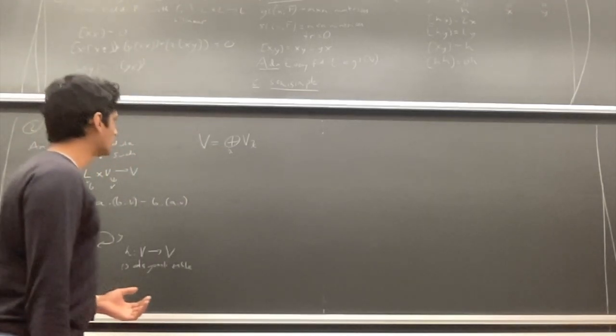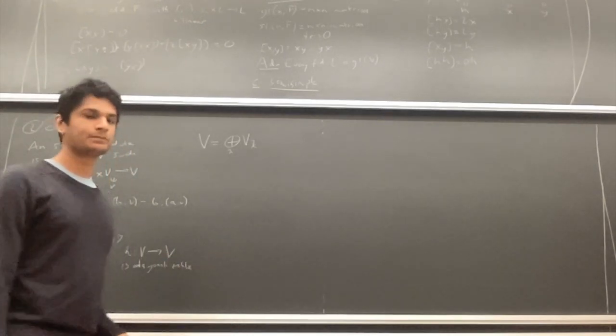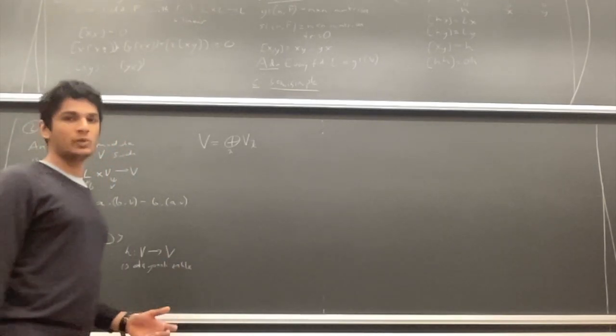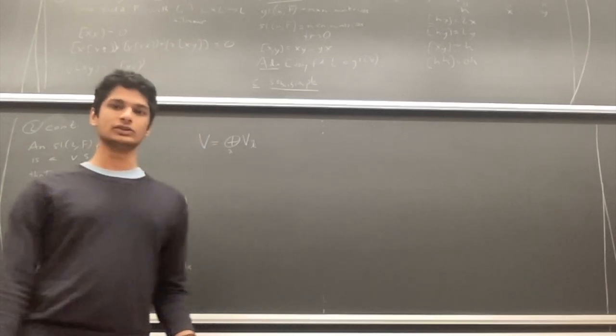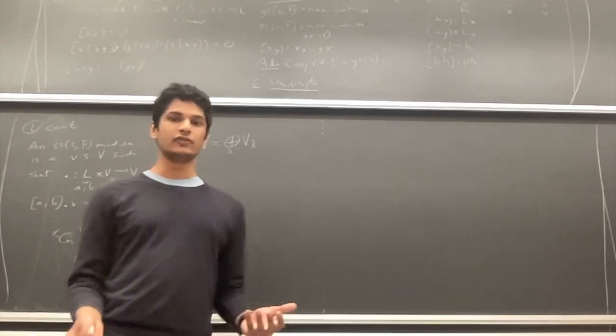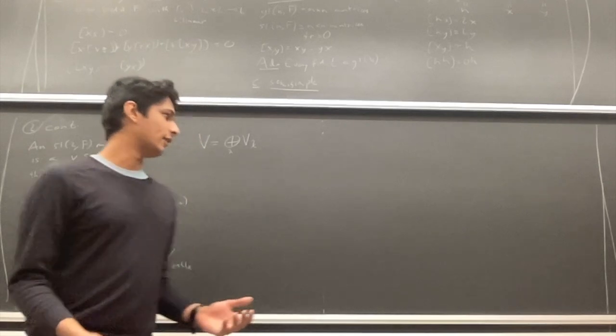Okay, so now we're kind of curious about the structure, and we already have an example of an sl2(F) module. sl2(F) is itself an sl2(F) module. Now, why is that?